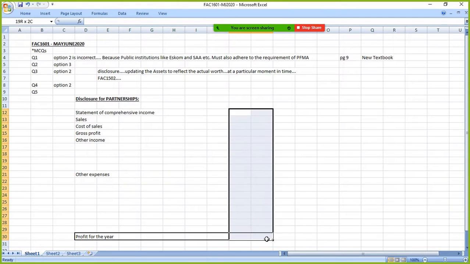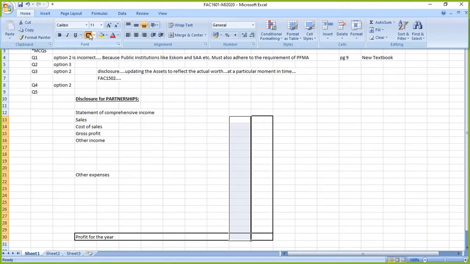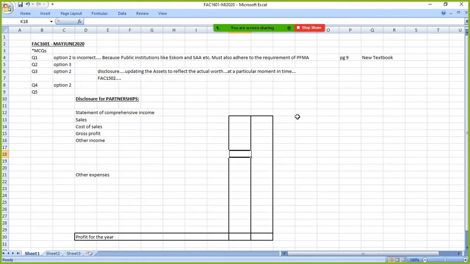Okay, I'm going to do two columns again just for workings, obviously. Okay, and then I'm going to look at disclosures. Statement of financial position.